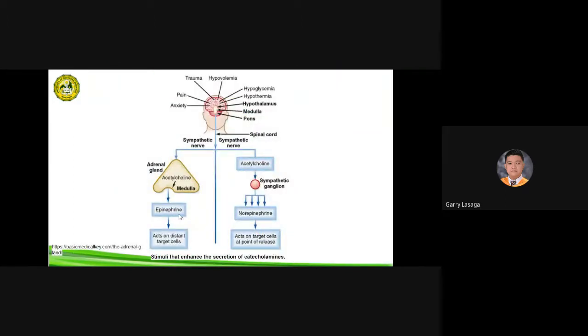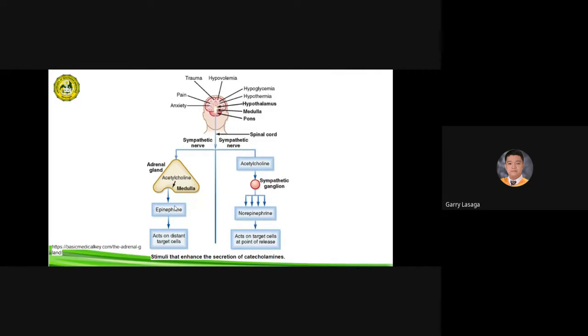So this is also another diagram showing the different stimuli that will enhance the secretion of our catecholamines. So when we say catecholamines, what do we mean by catecholamines? This refers to our epinephrine and norepinephrine. I know that you already heard of this.